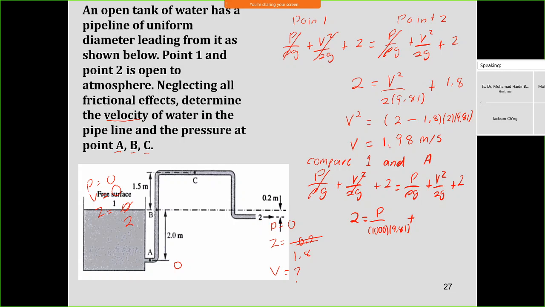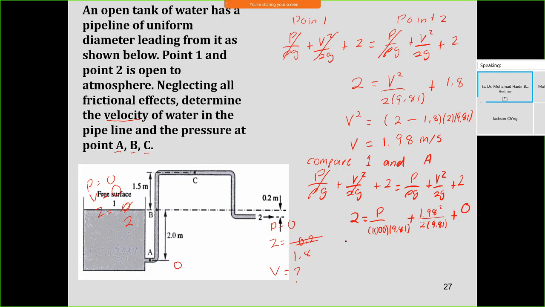The value for V is the same along the pipeline because the diameter is uniform. So the velocity at point 2 will be the same as the velocity at point A. The velocity at point 2 is 1.98 square over 2 times 9.81, and then plus Z. Z at point A is 0.